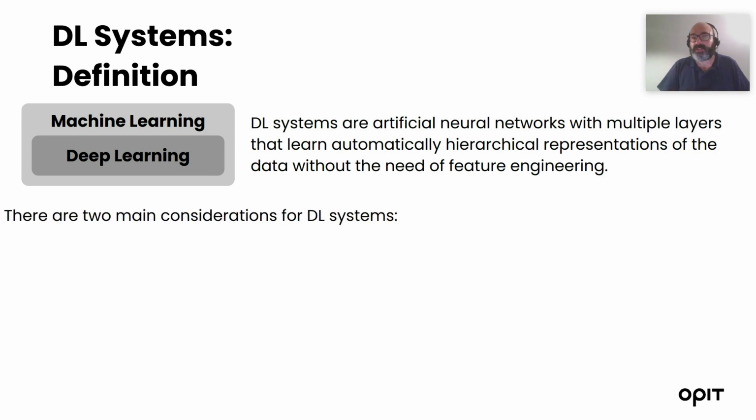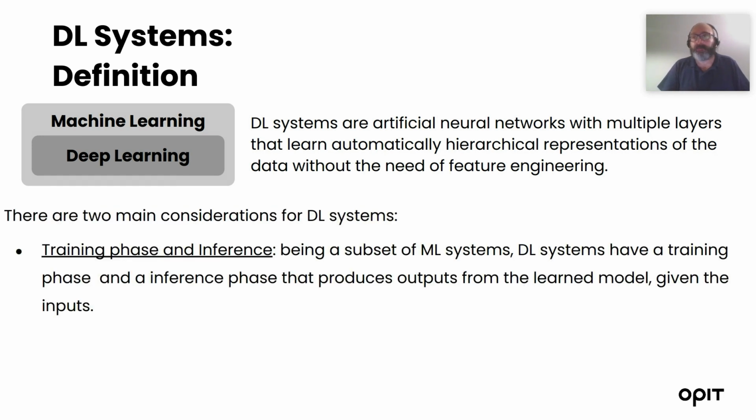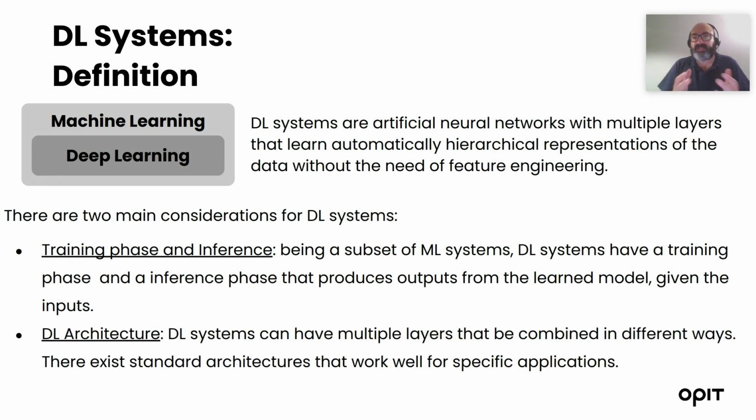There are two main considerations for deep learning systems. Being a subset of machine learning systems, they have a training phase and an inference phase that produce the output that the learned model will create given the inputs. And there is a second aspect: the architecture of the deep learning system.